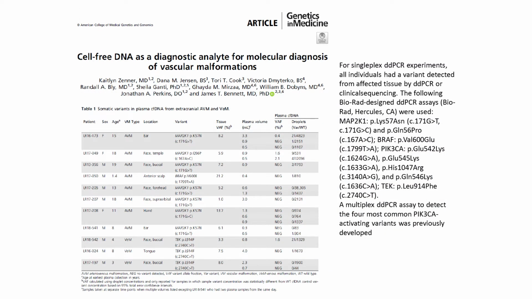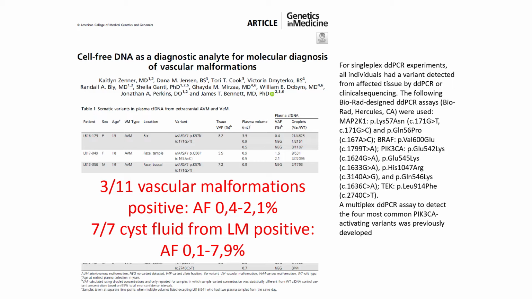In the case of vascular malformations, the detection rate was quite low for simple vascular malformations, and the allele frequencies also very low, ranging from 0.4 to 2.1%. In the case of lymphatic malformations, the cyst fluid seems to be a source that has a higher allele frequency for the mutation that may be up to 8% in this study.